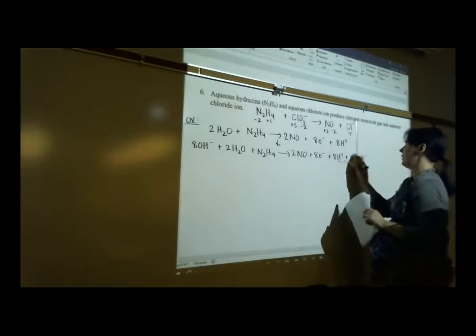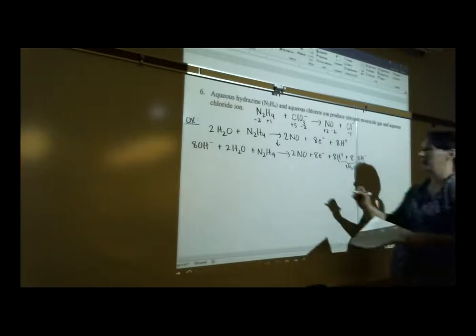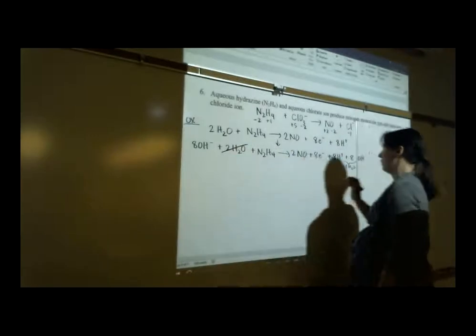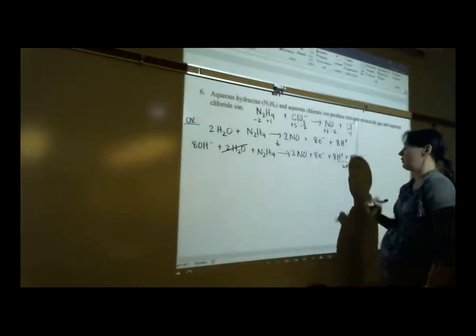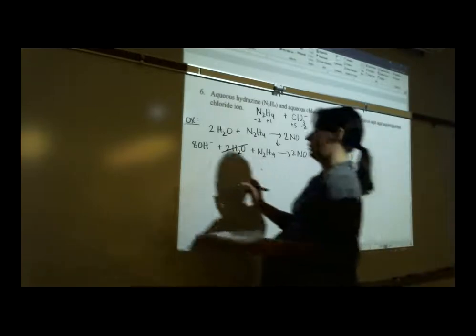Now these two together form 8 H2O, which I can clean up because I've got 2 H2O over here. So subtract that out and that gives me 6. So now my oxidation half reaction's balanced. Let's do the reduction.